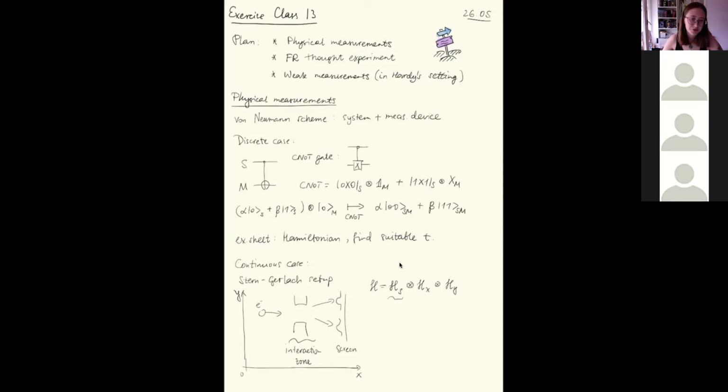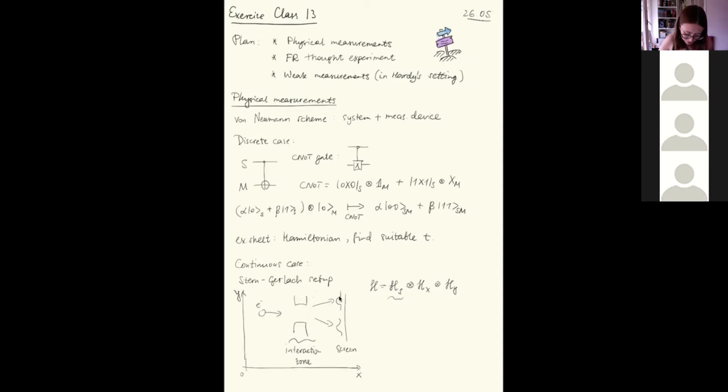So we are not really interested in how the electron was moving before the interaction zone. We are interested in what happens in the interaction zone, when the spin gets coupled to the movement of the electron in a particular direction.